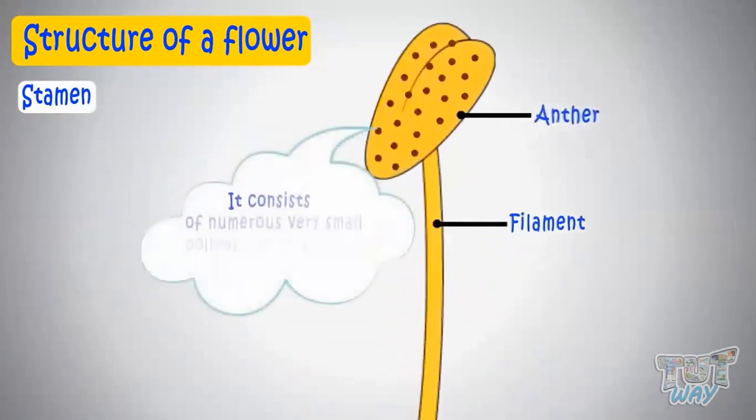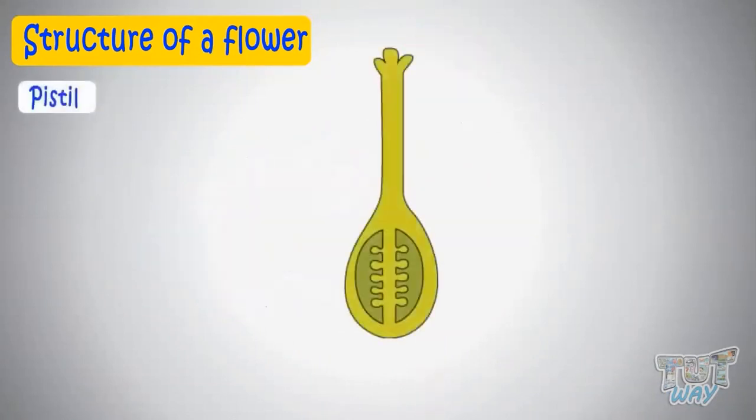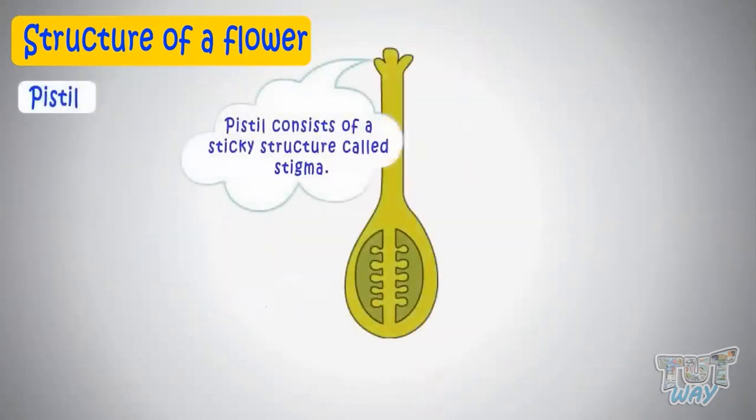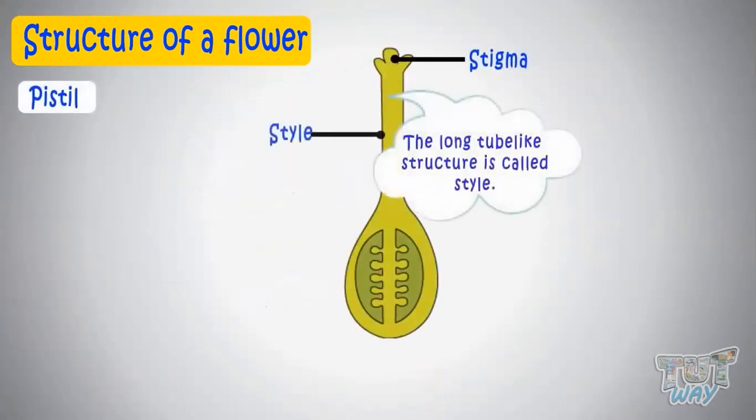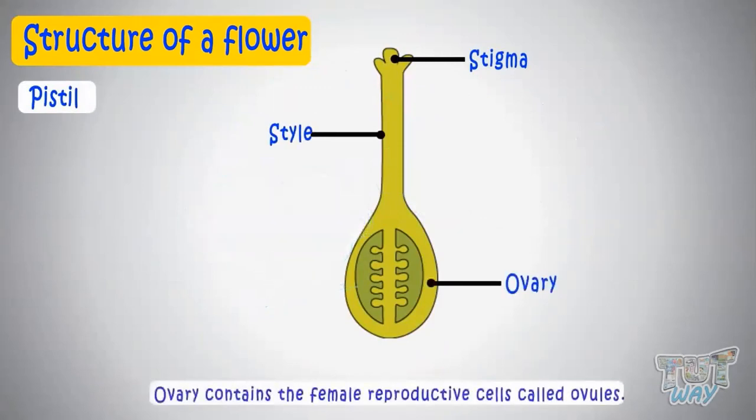It consists of numerous very small pollens, which are male reproductive cells. Pistil consists of a sticky structure called stigma, attached to a long tube-like structure called style, and style ends in a swollen part called ovary. And this ovary contains the female reproductive cells, ovules.